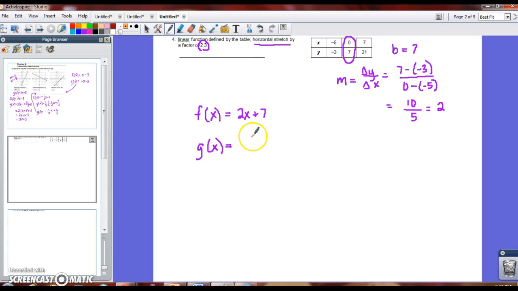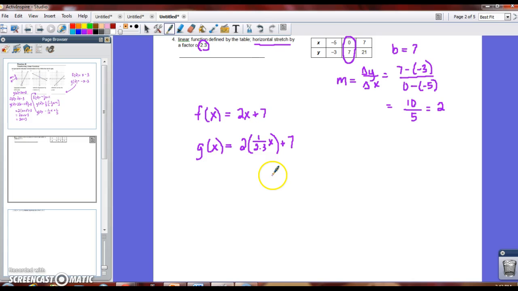The reciprocal just means you flip it. So instead of 2.3 over 1, you end up with 1 over 2.3. And that's it. You can leave it like that. You don't have to go through and multiply this out if you don't want to. That's all that they're asking you to do.